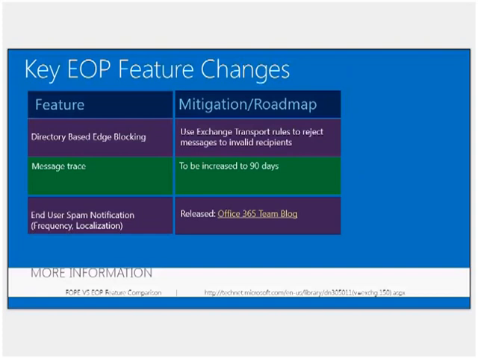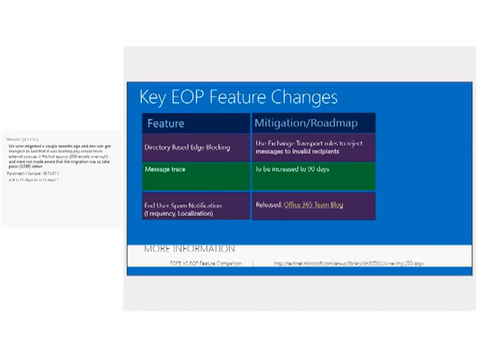They can go ahead and take actions; if they want to release a message to the inbox, they can do that. Screenshots and more details can be accessed on the Office 365 team blog.